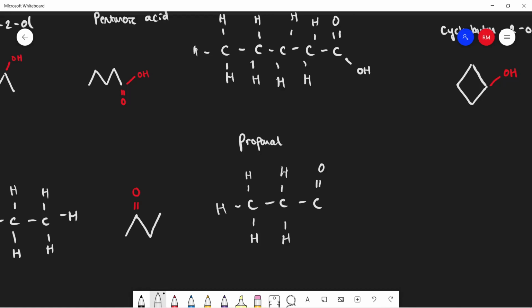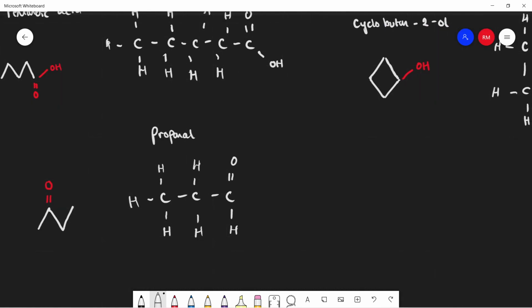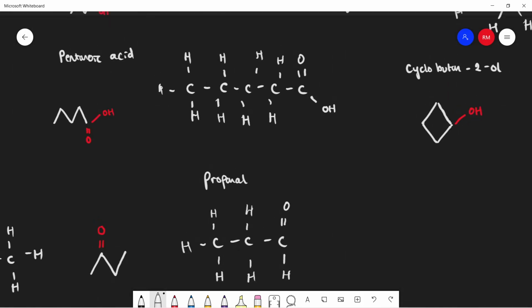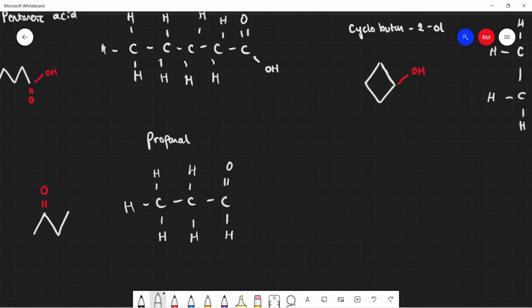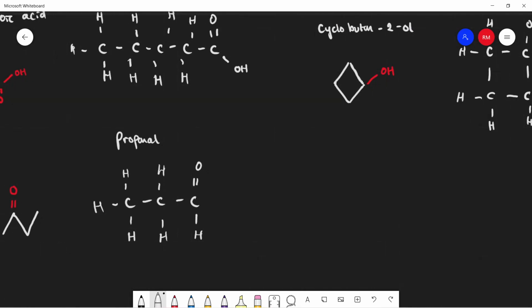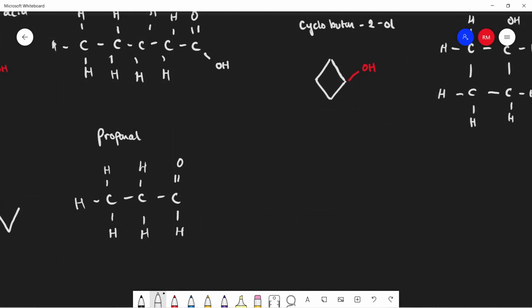So here we have 1, 2, yeah, so there's going to be one more H here. Now I'd like you guys to just see if you can draw that in skeletal formula. It's always good to try and draw it with different functional groups just to help get in the flow of drawing out the structural formulas.